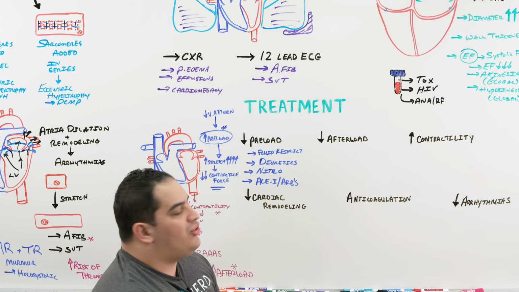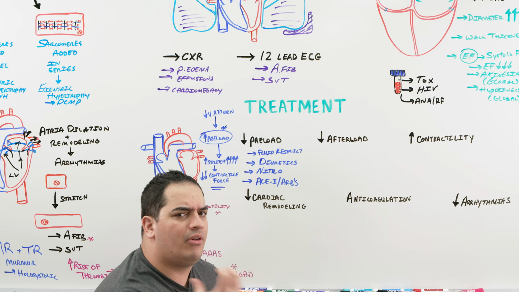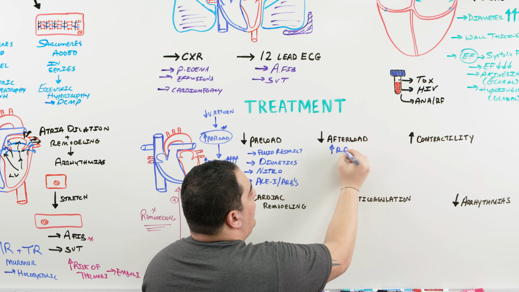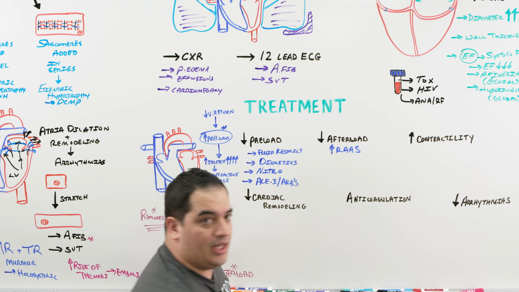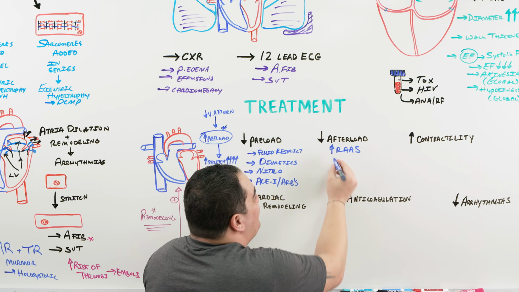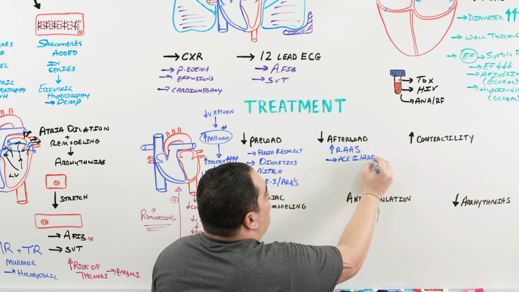Now, what about reducing afterload? What can we do to reduce afterload? Well, what was the problem for the high afterload? The high afterload was high amounts of renin-angiotensin-aldosterone system activity. Give drugs that inhibit that. So what would that be? ACE inhibitors and ARBs.